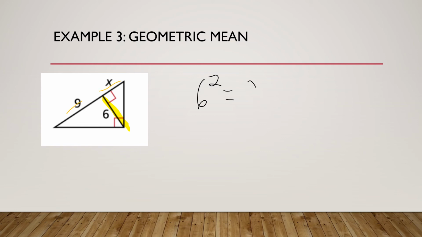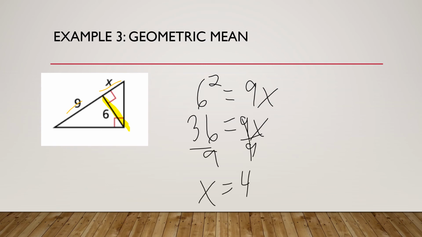So 36 is equal to 9x. Divide both sides by 9 to solve, and x would be equal to 4.